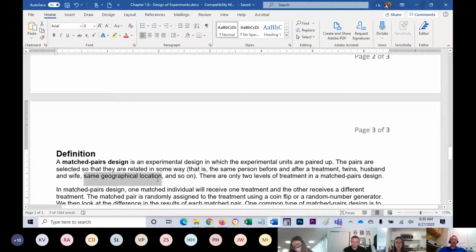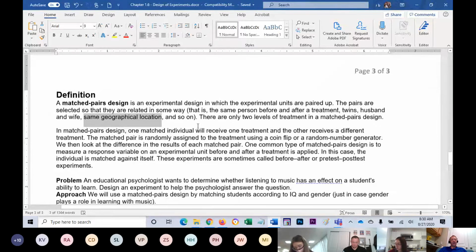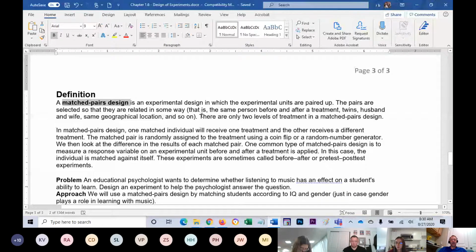A geographical location. So there's lots of different ways. With a matched pair, we're going to match them somehow, and there's going to be some sort of automatic pairing. There are only 2 levels of treatment in a matched pairs design. One individual will receive one treatment and the other receives a different treatment.